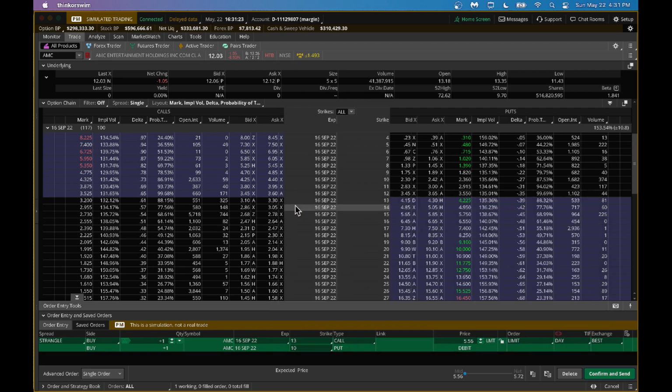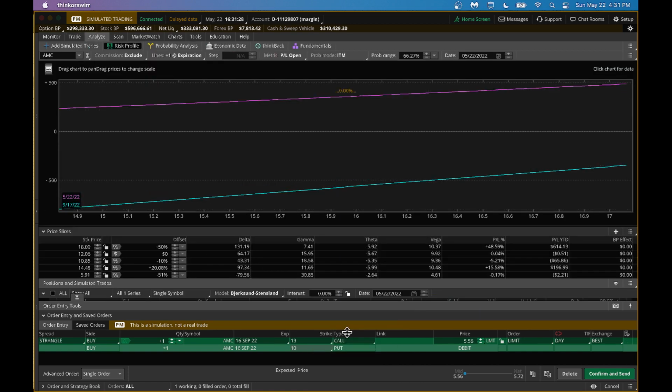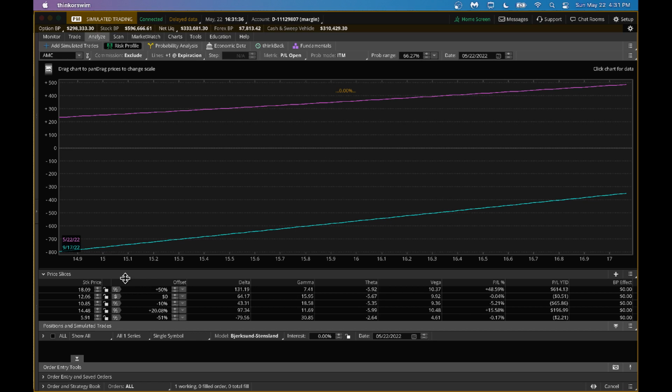All right, so if you want to analyze the profitability here, you can go to the Analyze tab here, and you could look at this. Right here, we might have multiple things selected. All right, so in here, as you see, if the price goes 50% higher, you'll make some nice good money here.